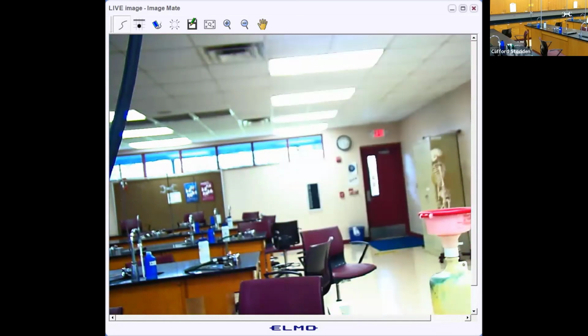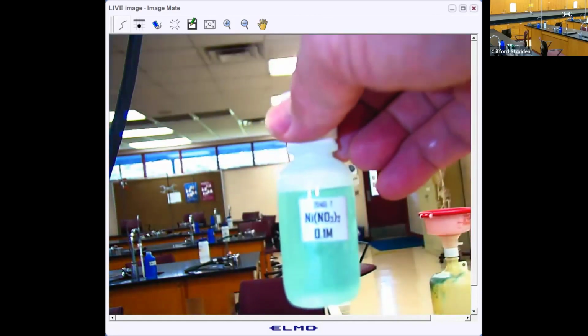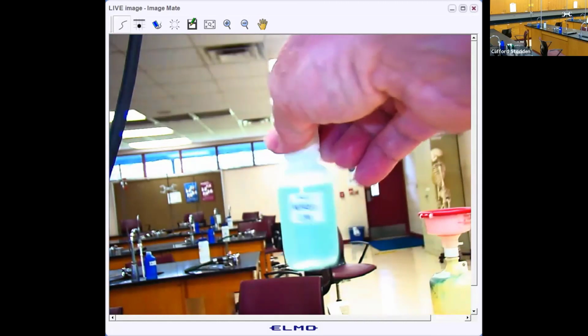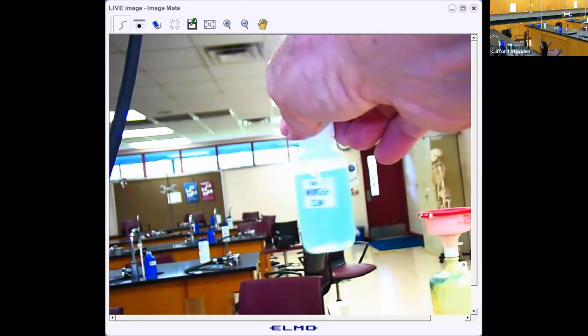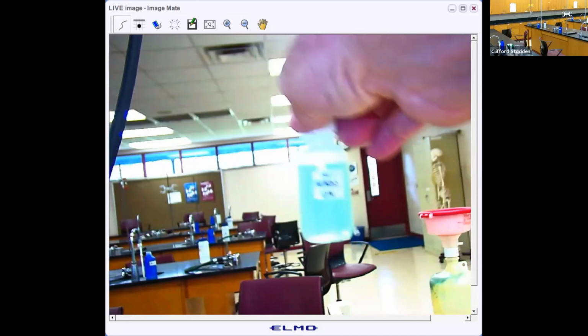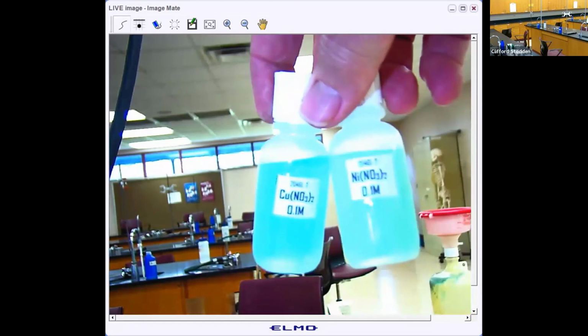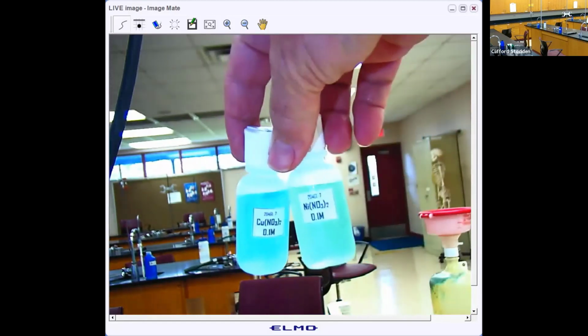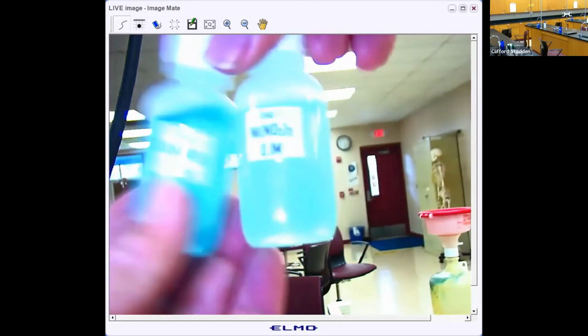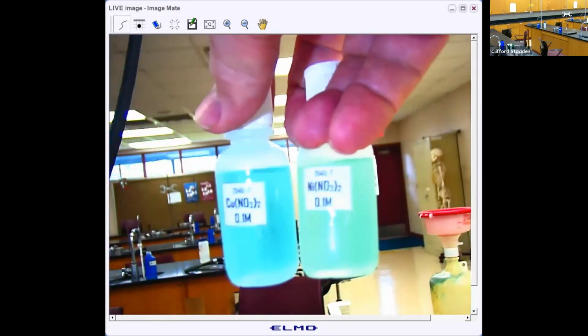The nickel nitrate is greenish. So you can identify both of those just by their color. One of them is blue-green, one of them is just green.